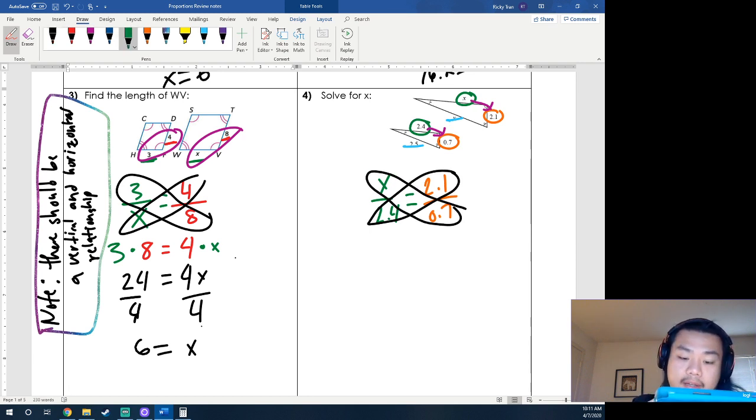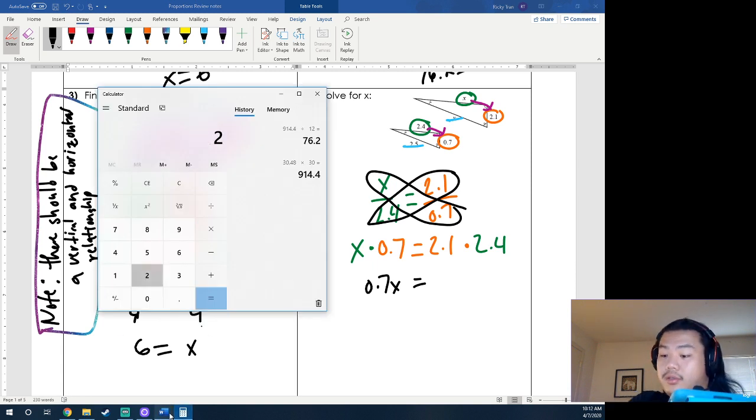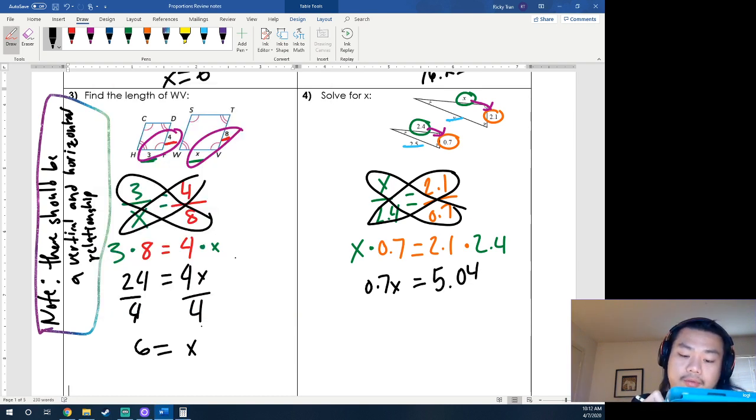So we have x times 0.7, and that's equal to 2.1 times 2.4. Here we have 0.7x is equal to 2.1 times 2.4, or 5.04.